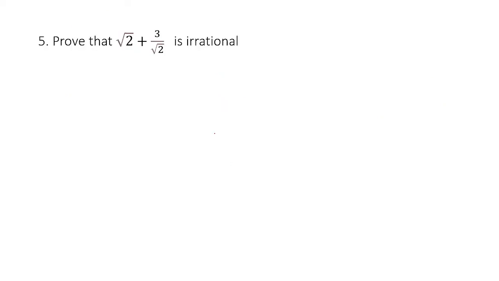The last question we have is to prove that 2 plus 3 by root 2 is irrational. So, proof. Let us first assume that 2 plus 3 by root 2 is rational.